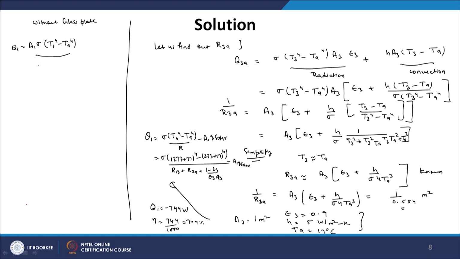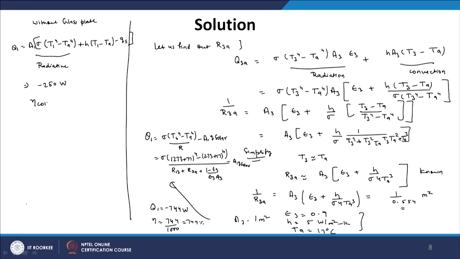This is the radiative energy balance, and then the convection part H T1 minus Ta. Now, the collector plate will be directly exposed to the environment with the same heat transfer coefficient that we have assumed, minus Q solar. So, the area will be common. We substitute the values here and we get the value as minus 250 watt.